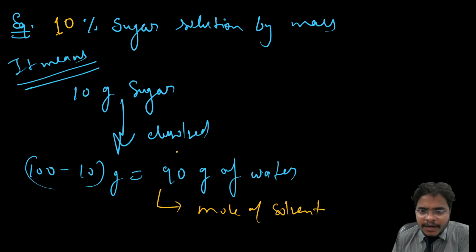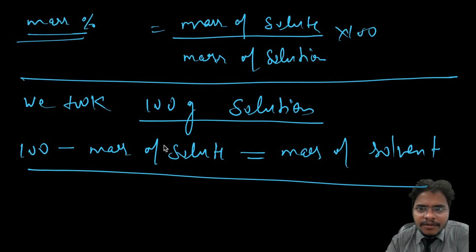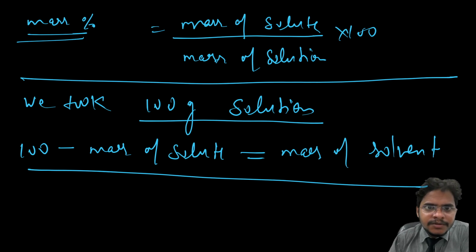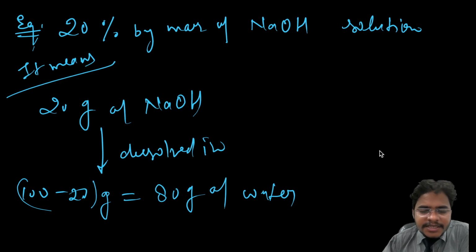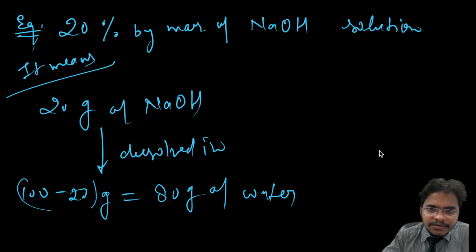If we took 100 gram of solution, and we subtract the mass of solute from the mass of solution, then we get the mass of solvent. We have another example, the 20% by mass of the NaOH solution. It means 20 gram of NaOH dissolved in what, 80 gram of water.